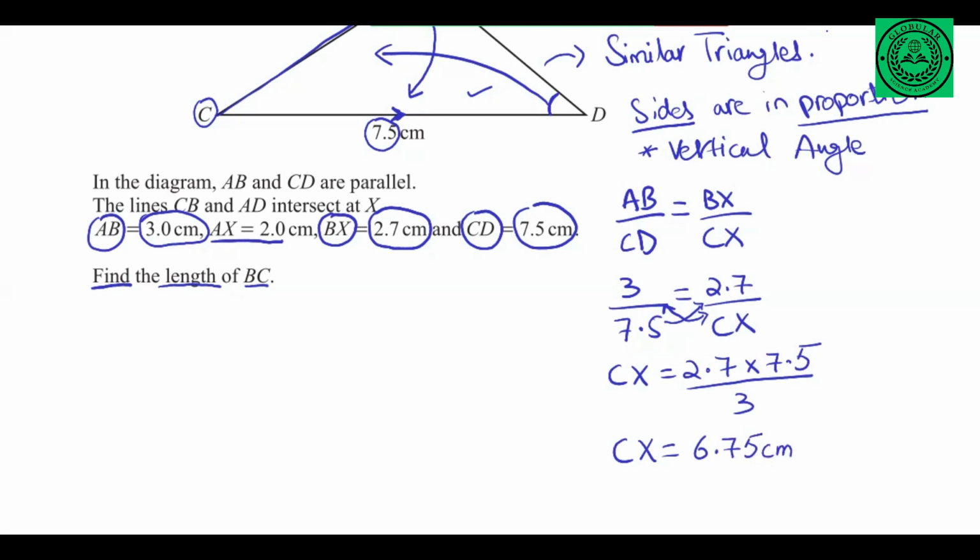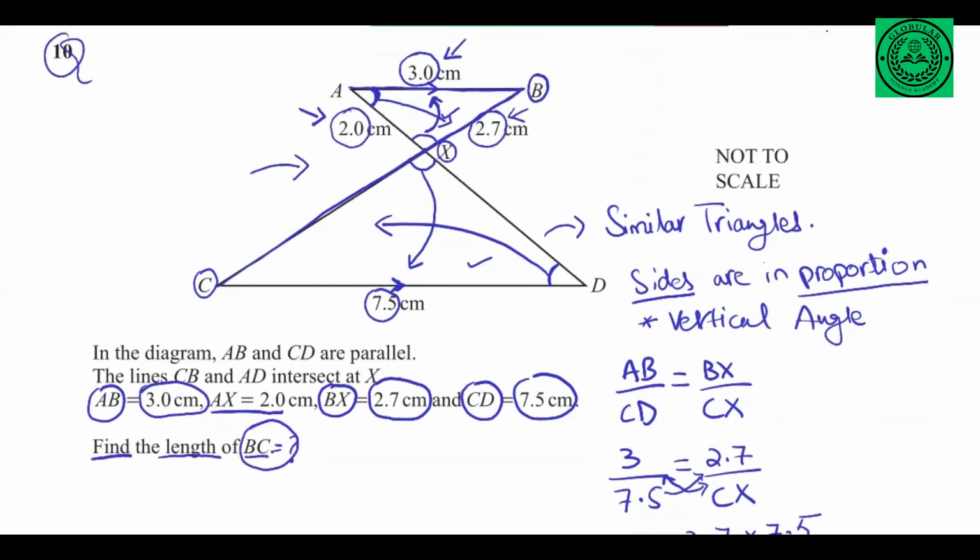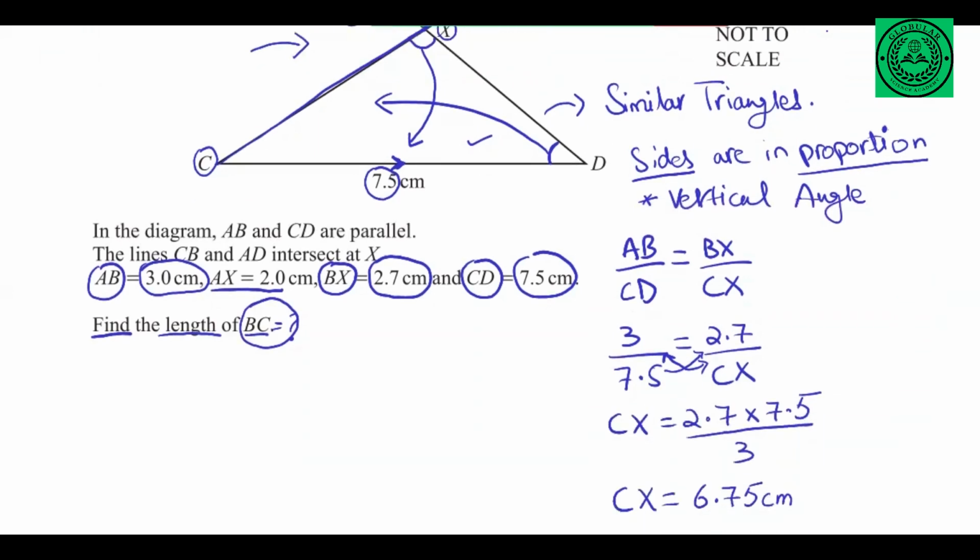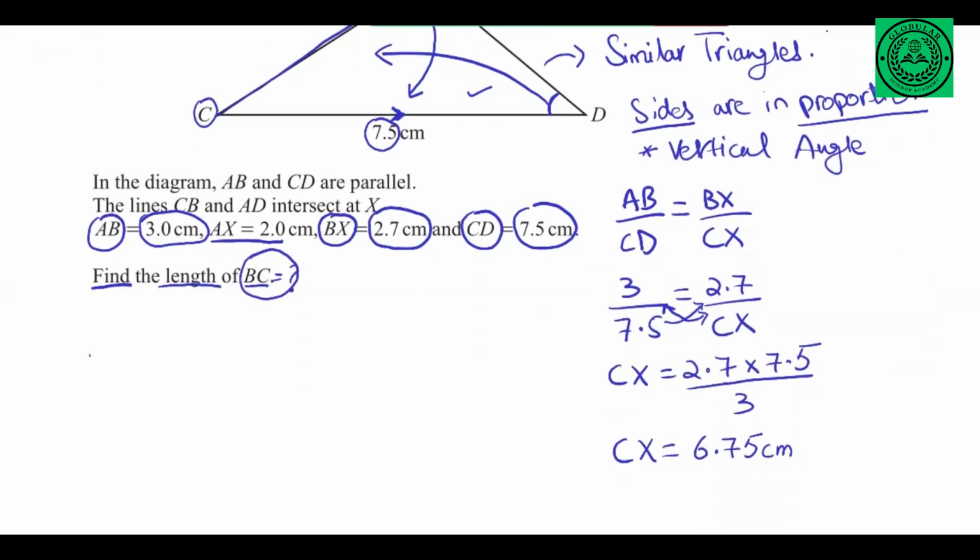Now we were being asked to find the value of BC. So let us go to the diagram and see that BC is nothing else but BX plus CX. So we know now CX, so we'll write BC equals BX plus CX. Now BX is already given in the question, which is 2.7 over here.